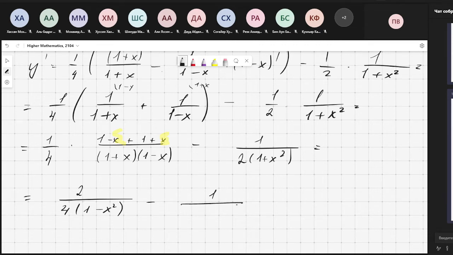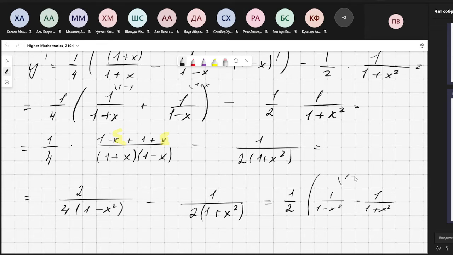minus 1 over 2, 1 plus x squared. Here take 2 out, 1, 2, and we can see 1 over 2, 1 over 1 minus x squared minus 1 over 1 plus x squared.